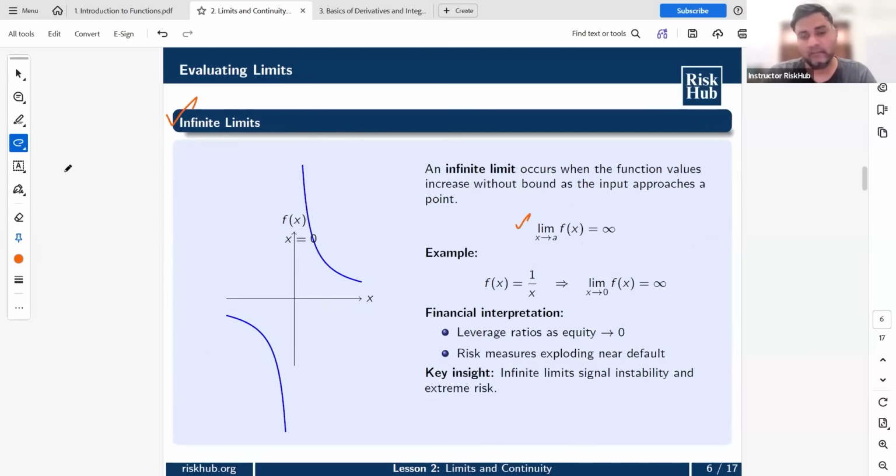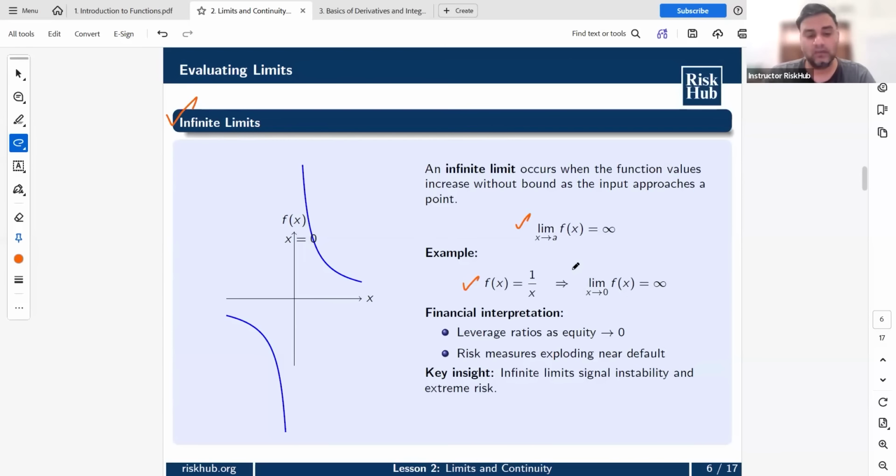For example, we have f(x) equal to 1 by x, and the limit as x tends to 0. The function becomes infinite. As x approaches 0 from the positive side, let's say x equals 0.1, f(x) becomes 10. If x becomes 0.01, f(x) becomes 100. If x becomes smaller, 0.001, f(x) becomes 1000.